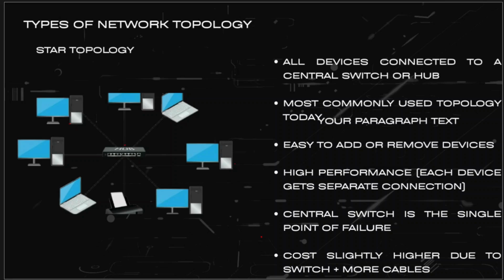Then scalability. Want to add new PCs? Just plug into an empty port on the switch. That's it. Easy troubleshooting: if a PC can't connect, you know exactly which cable to check. So we can easily troubleshoot it. The only catch is the central switch is a single point of failure. If the switch dies, the whole network dies. But since modern switches are very reliable, this is the golden standard for offices and schools.